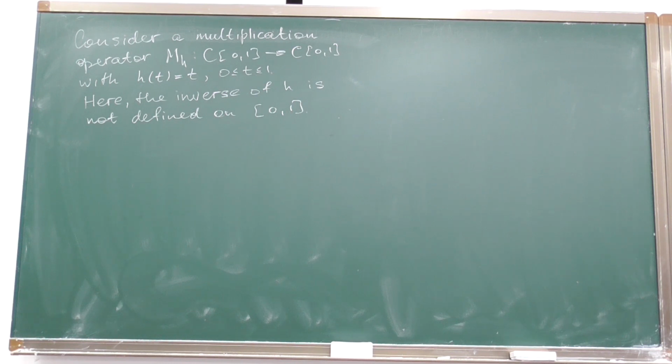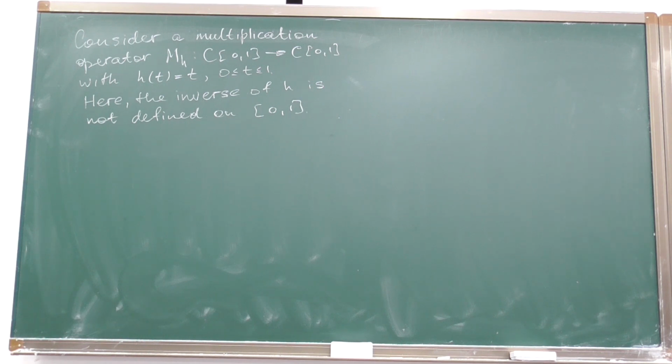But this doesn't let us conclude that the operator M_h is not invertible, and moreover, we cannot even conclude that if M_h is invertible, then its inverse is not a multiplication operator.